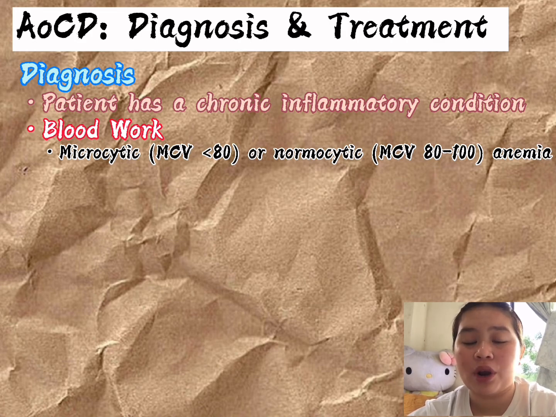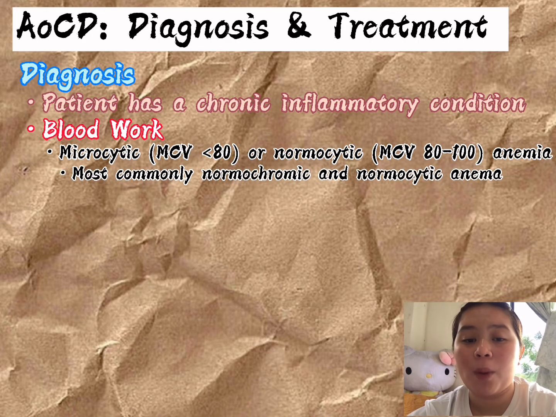It's most commonly going to be normochromic, which means that the cells don't have increased central pallor. Central pallor is the whitened-out area in the center of the cells. If it's around 1/3 of the diameter of the cell, that's normal.